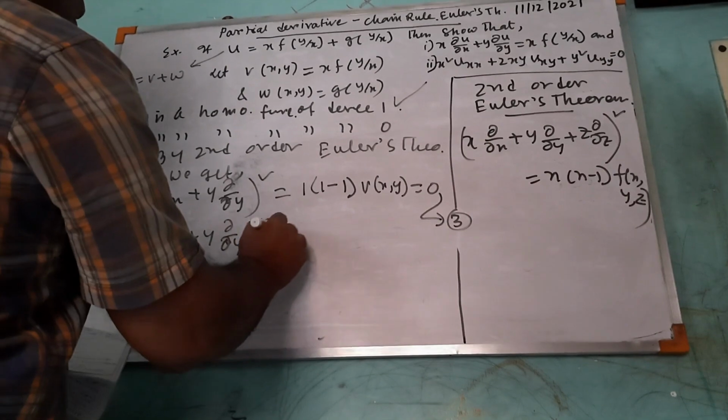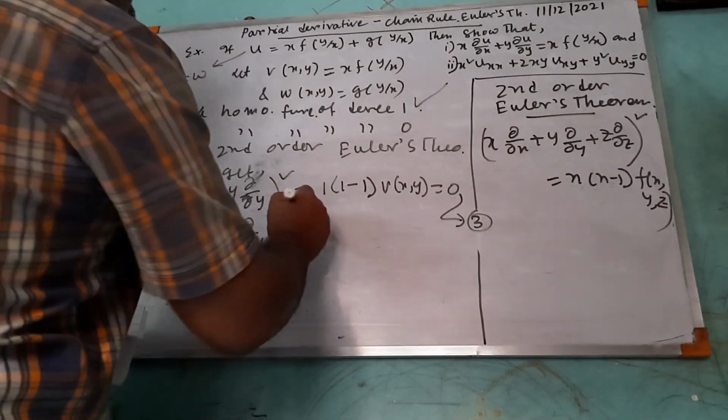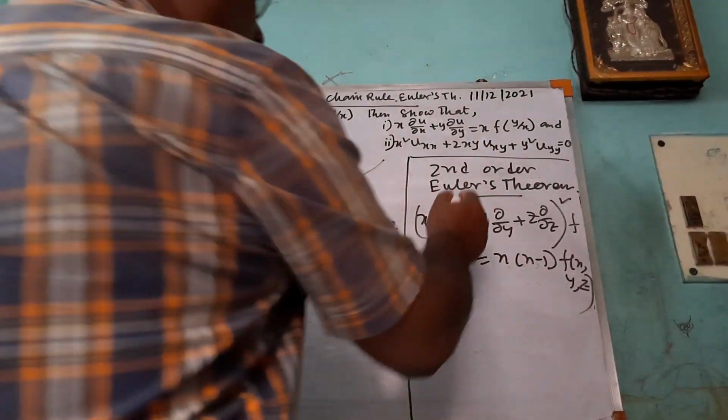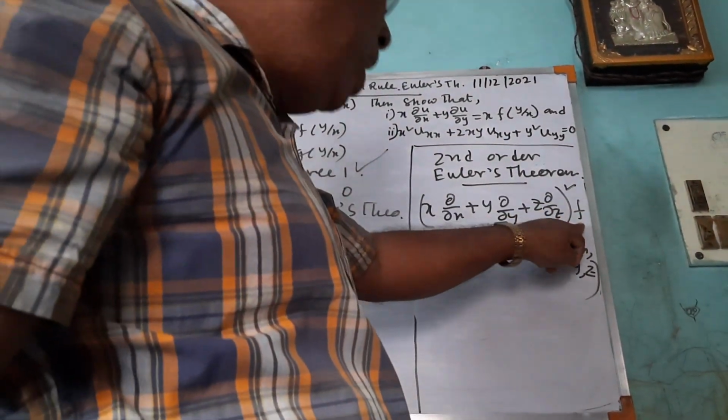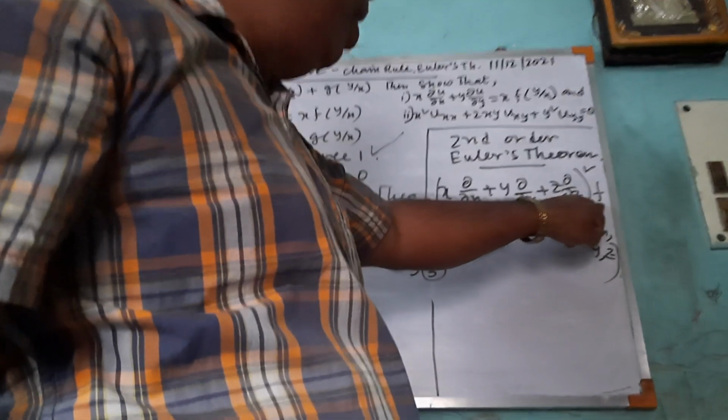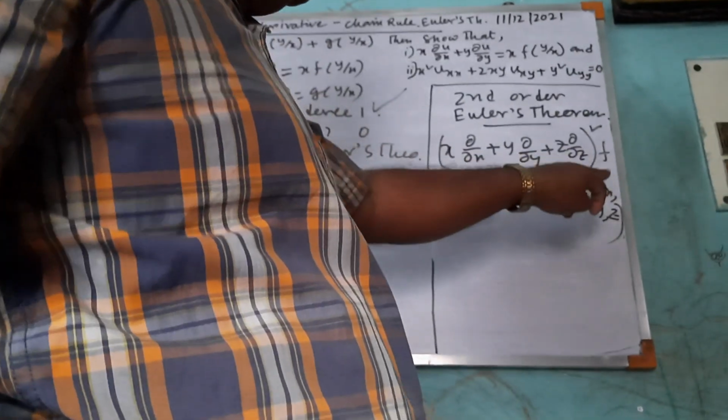So this whole square is applied to w. Here it will be v and here it will be w. That is the second order Euler's theorem, this whole square into w. Actually I made a mistake here, it will be n(n−1) w.